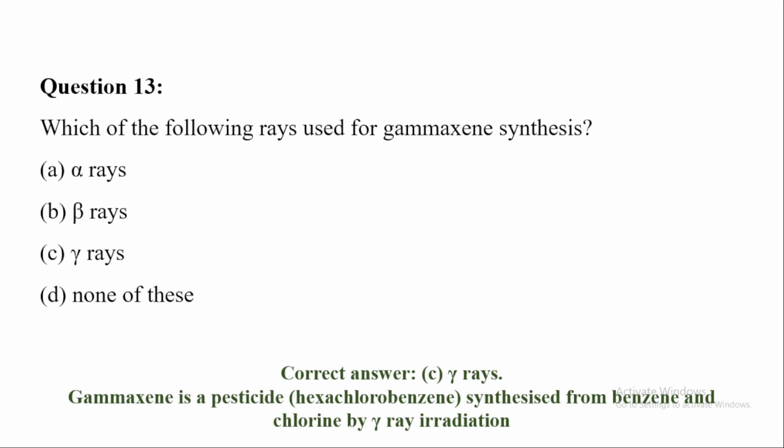Benzene and chlorine are irradiated by gamma rays to form gammaxine, which is used as a pesticide. That's why we call it gammaxine: the 'ene' from benzene and 'gamma' from the gamma rays. So hexachlorobenzene is the chemical name for this compound.